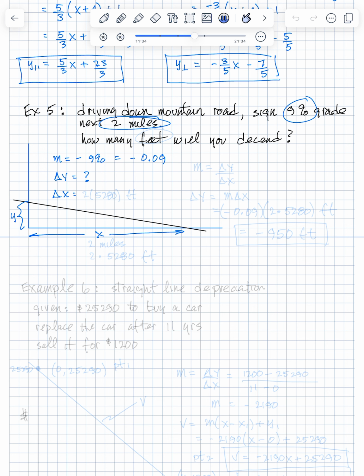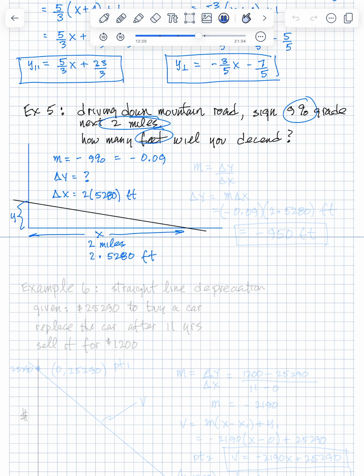And so this is equal to 2 miles. But the question says how many feet? So this has to be 2 times 5280 feet, because we're just going to change it into feet. So now, let's fill this in, 2 times 5280 feet. If you didn't know that there's 5,280 feet in a mile, you could look it up.